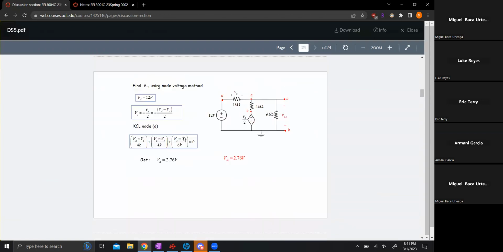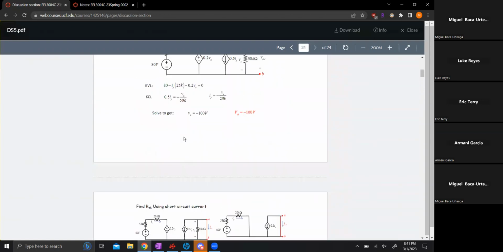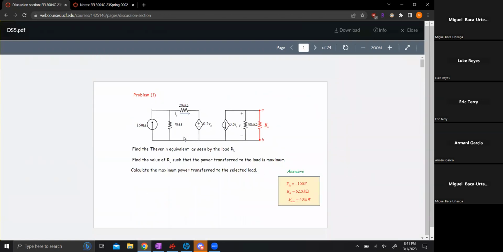She really has a tendency to do short circuit current. So yeah. And then the whole ratio thing, that one sucks, but definitely keep that in mind as well. Practice that.